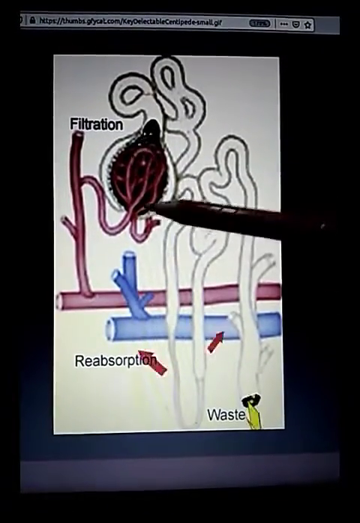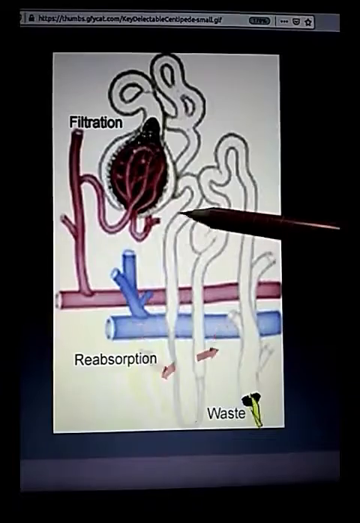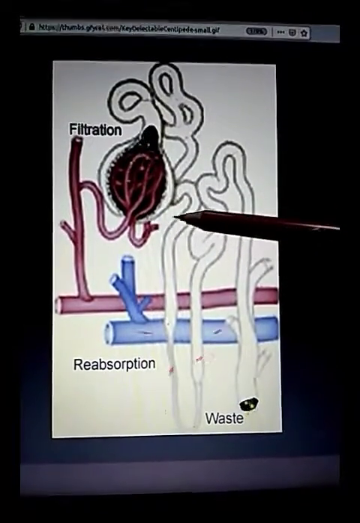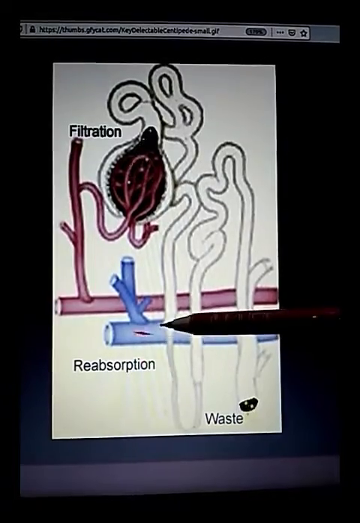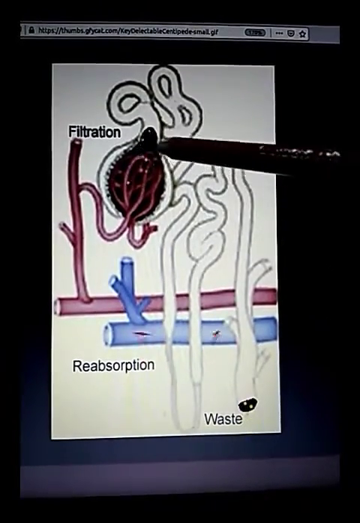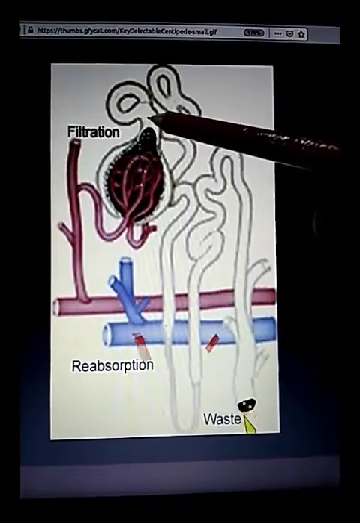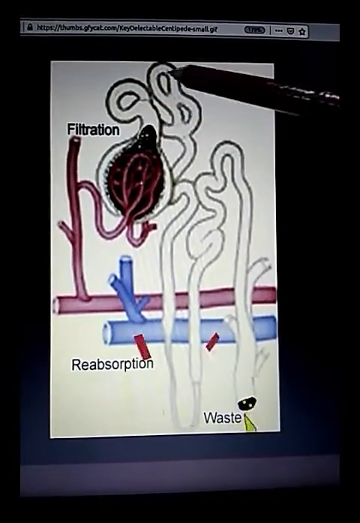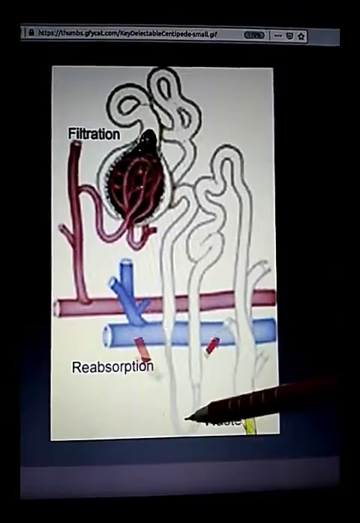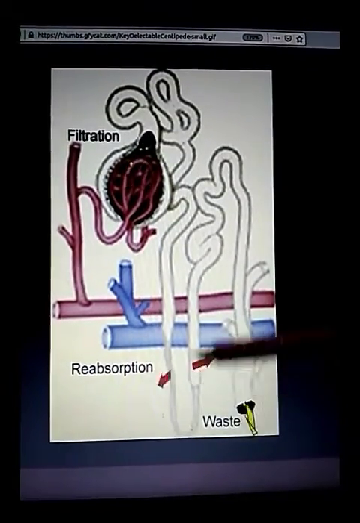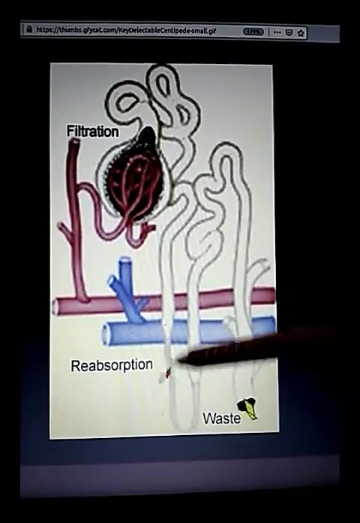Now, the blood, after flowing through this glomerulus, enters the vein. All the substances along with urea enter the PCT and then descend downwards to Henle's loop, which is in the medullary region.